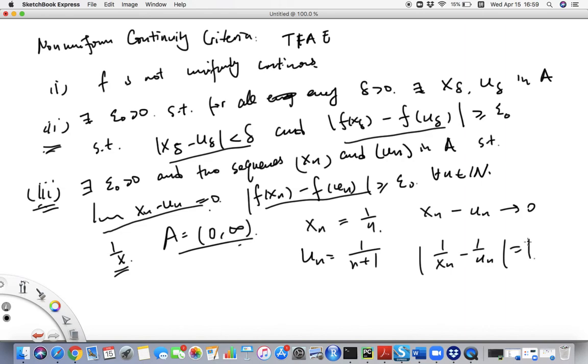Okay, so now the question: how can we quickly know if a function is uniformly continuous or not? This is a very useful theorem.